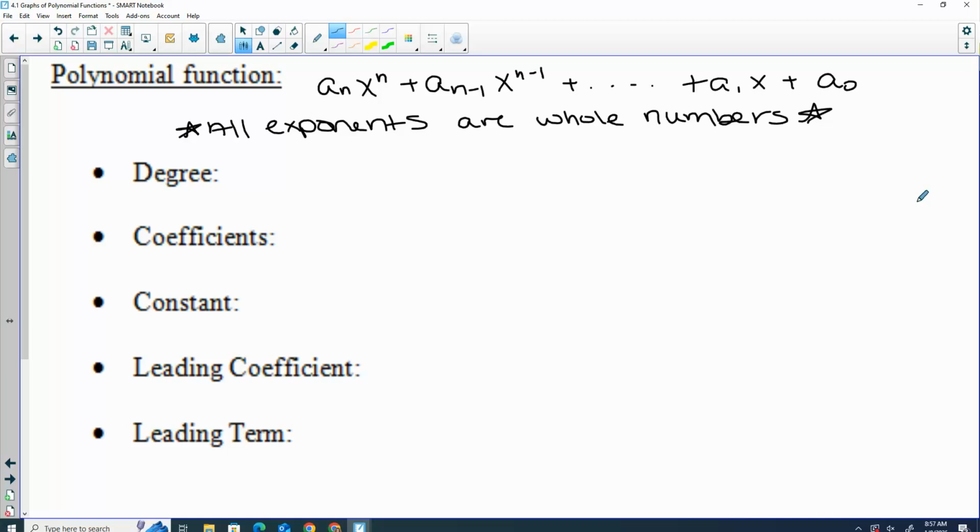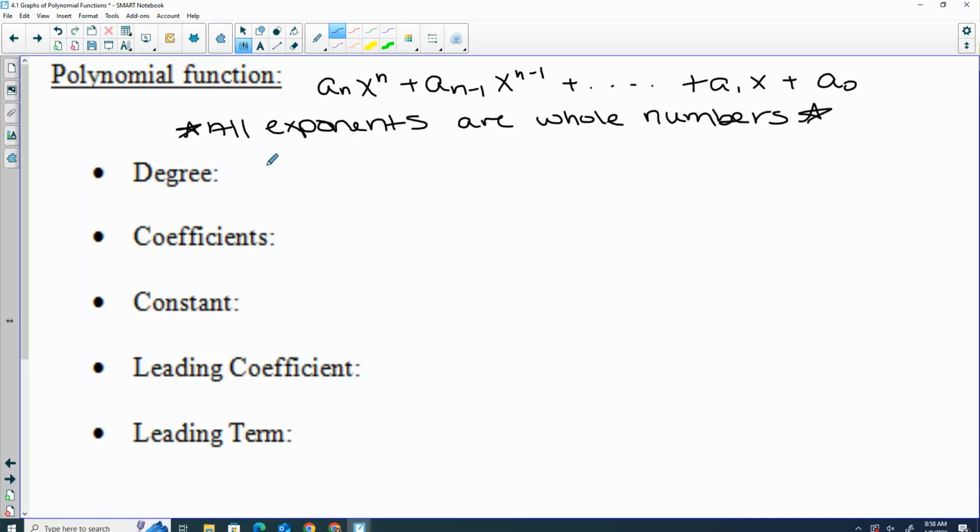Not fractions, not negatives. It's just 0, 1, 2, 3. Those are our whole numbers. So when we're looking at a polynomial, all of our exponents are nice.